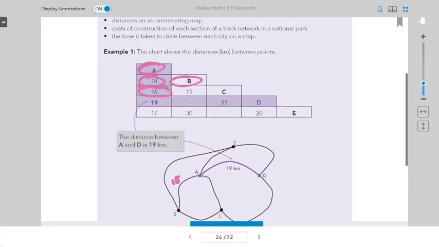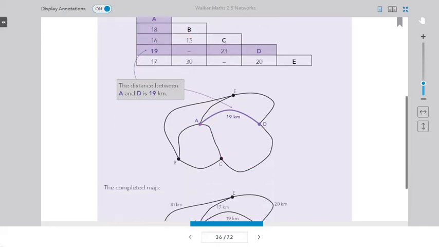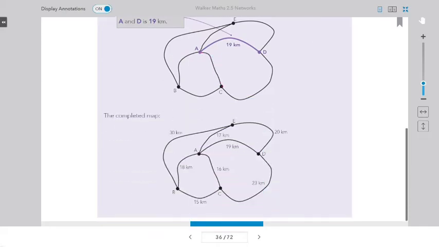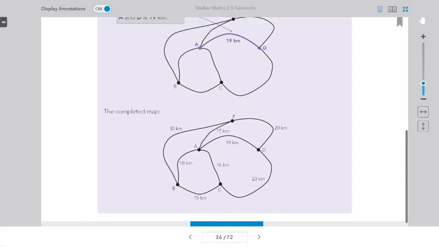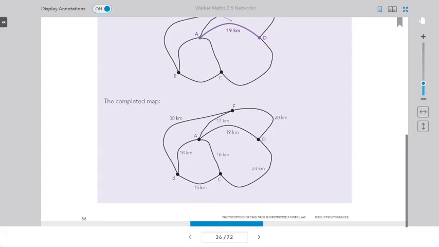Then the next one down is the intersection of A and C. So A and C has a value of 16, right, because it's right there, A to C. So all you're going to be doing is finding the intersections to get the values and then putting them on your network. Real rocket science, right? You should be happy with that. Once you get the values on the network, then you get a completed network with all the values included, and then you'll be able to answer questions about it, finding shortest path, etc.